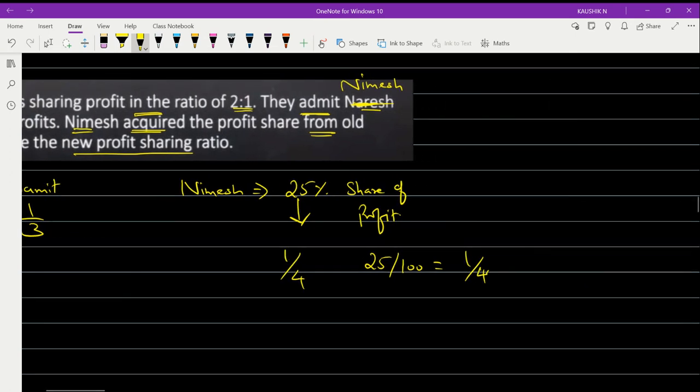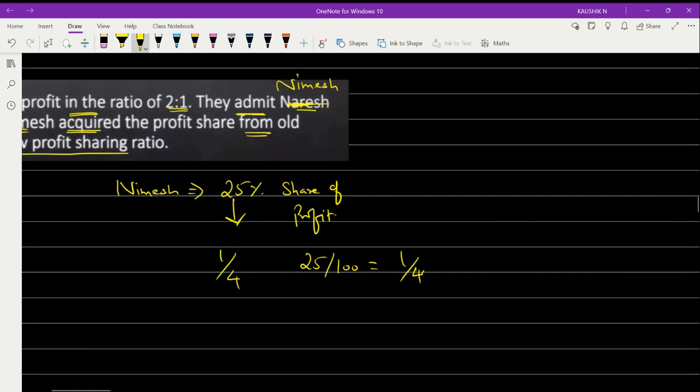Sometimes we have to be even careful because it can be given in such a way also. Nimesh has been admitted into partnership for 20 paise in a rupee, just to confuse us.